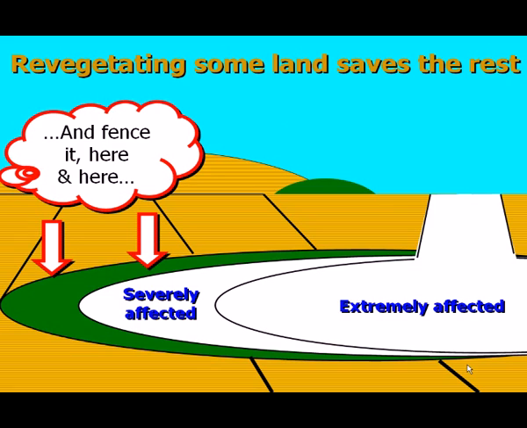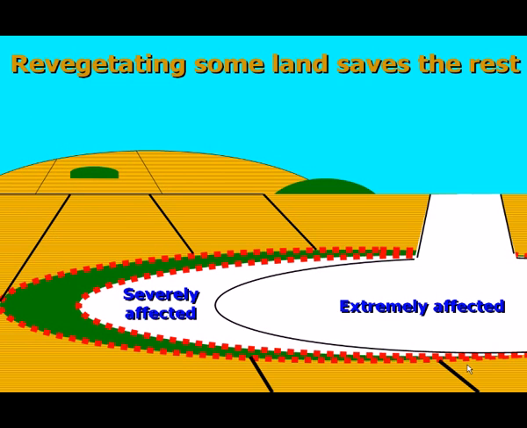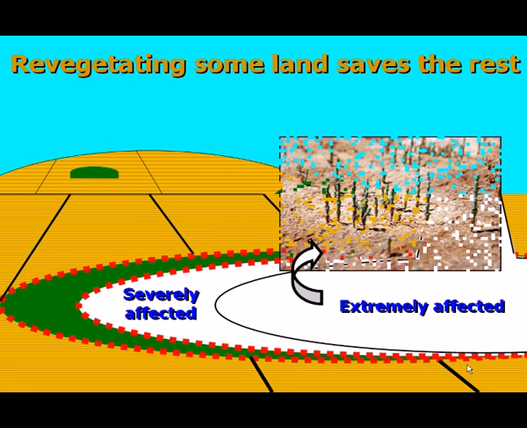But what that fencing does is that it changes the grazing footprint on the severely affected land as well, and on the extremely affected land, because all of that's below this moderately affected land in the landscape. And so we've in fact saved the extremely and severely affected land from grazing.